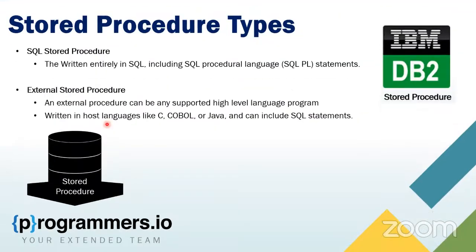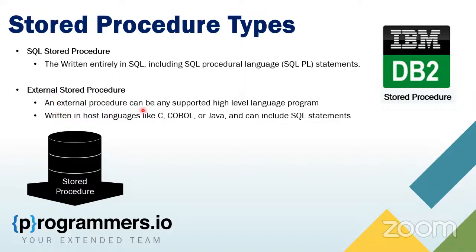We have two types of stored procedure. The first is the SQL stored procedure, written entirely in SQL, including SQL procedure language, SQL PL statements. And the second is the external stored procedure.